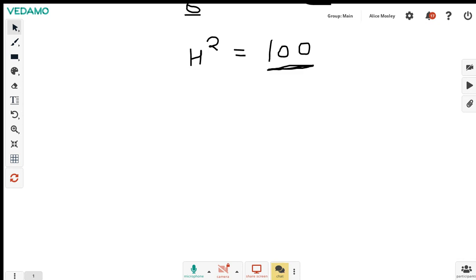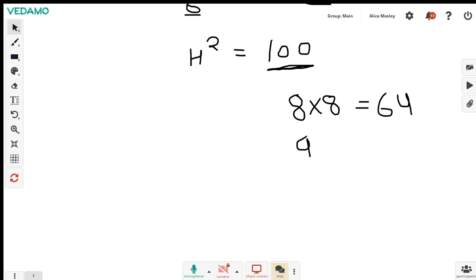So you have to think of a number that, when multiplied by itself, will give you 100. Imagine 8. If I multiply 8 by itself, will I get 100? No, I won't. I will get 64. I will have to think of a bigger number. Let's try 9.